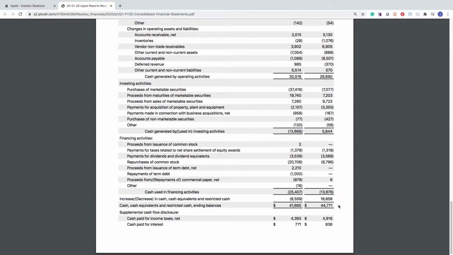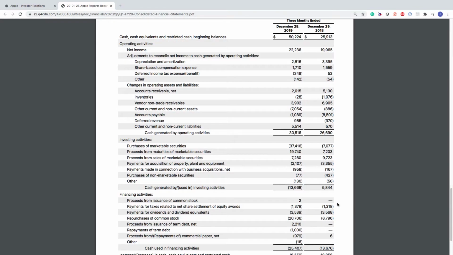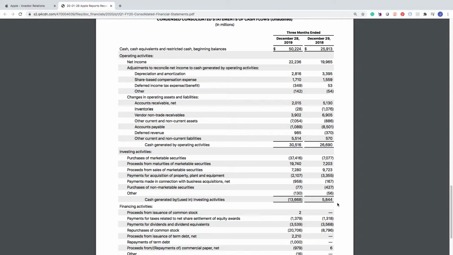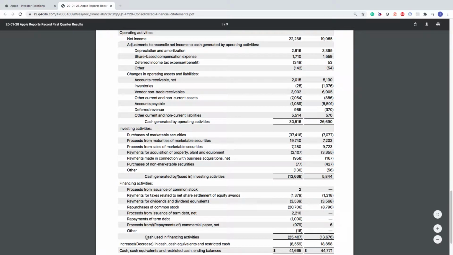So this is the goal of the cash flow statement. It shows us all the money that's moved in and out of Apple's bank accounts. Now, the way that this report is broken down is that it's broken down into three sections called cash generated by operating activities, cash generated or used in investing activities, and finally cash used in financing activities.